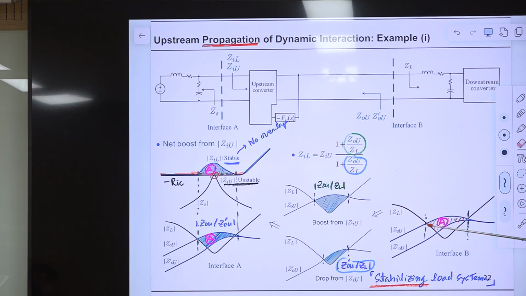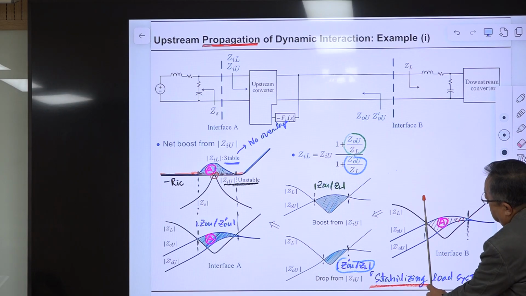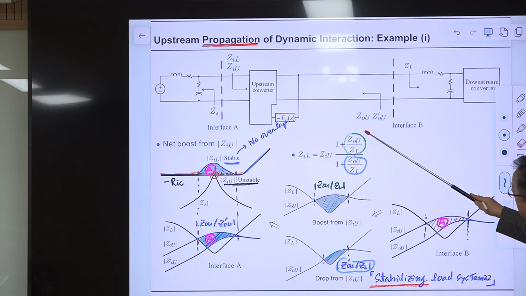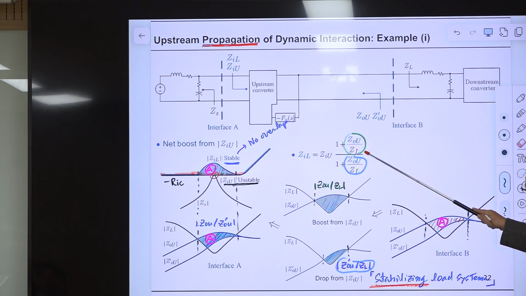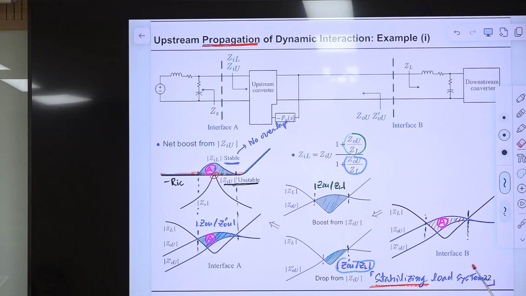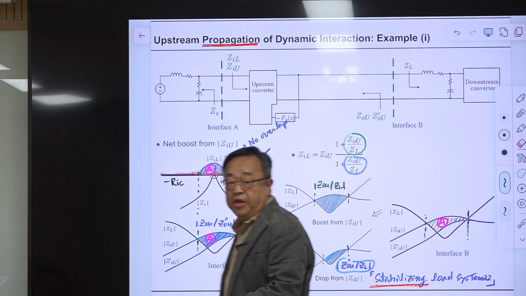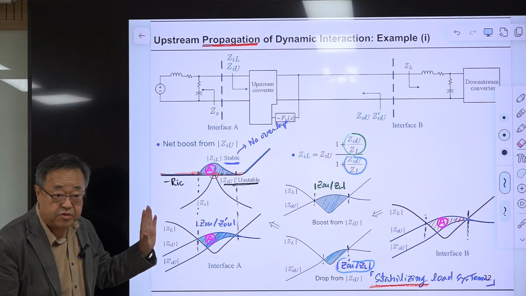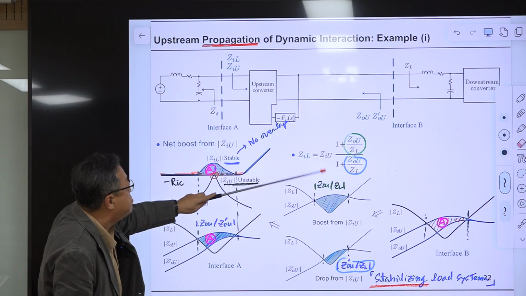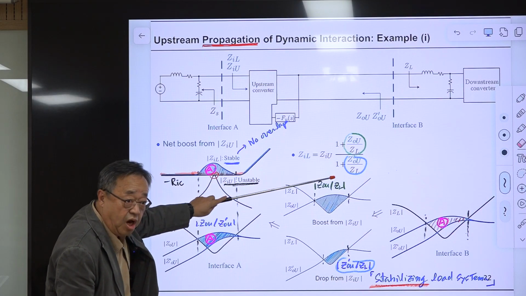In this region, GL is very large. GL dominates, and in this region, GL dominates. Then this term will be gone; we ignore this. So in this region, GIL remains the same as GIU. For that frequency, GIL is basically the same as GIU.